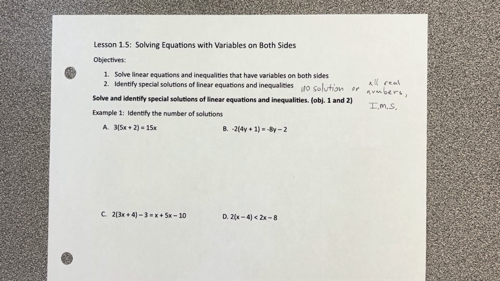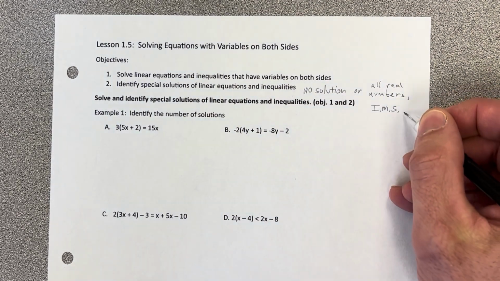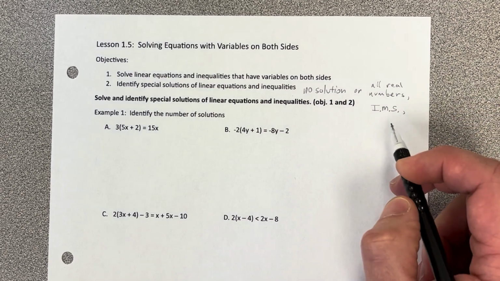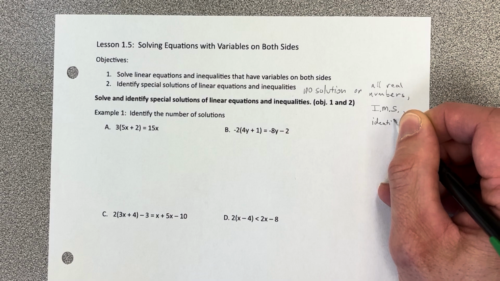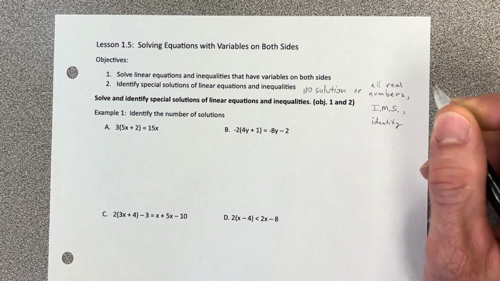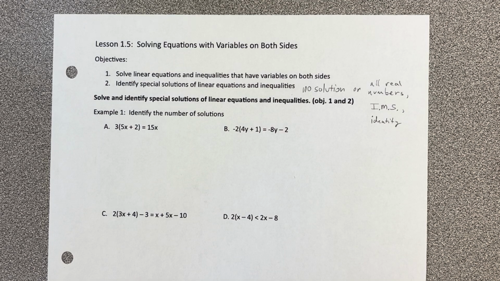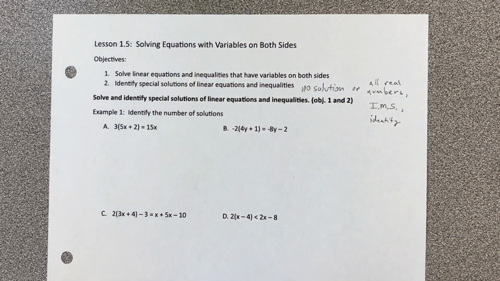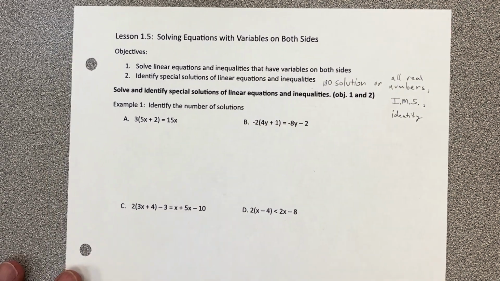It's probably more accurate to say all real numbers. Additionally, you'll hear people say when it's all real numbers that it's an identity. So it's some interesting vocabulary there, but you can just pick whichever you prefer. So let's dive in and find out what we're talking about here.